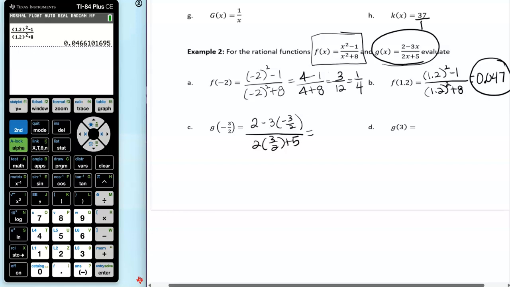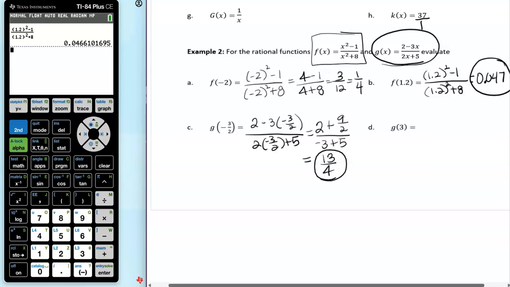Starting off, we have 2 minus 3 times a negative 3/2 becomes a positive 9/2. 2 times a negative 3/2 becomes a negative 3, and then plus 5. And putting all of that together, we end up with 13 over 4 as our function value.